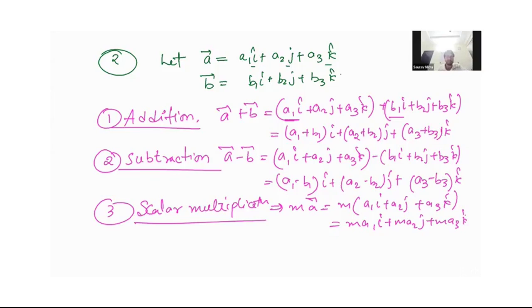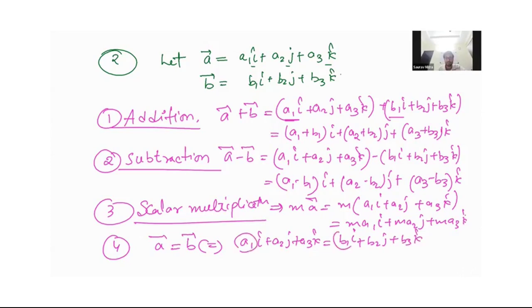And the fourth one is very important. If two vectors are equal, that means their components are also equal. So a1 i cap plus a2 j cap plus a3 k cap equal to b1 i cap plus b2 j cap plus b3 k cap means a1 equals b1.